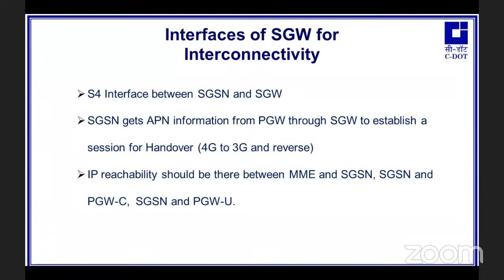No, the GGSN will not come, because in case of TCS or C-DOT, there are two types of subscriber. We can distinguish them: one is created in BSNL HSS, one in TCS HSS.